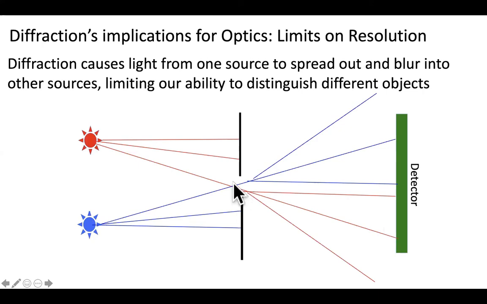The problem is, if we make that hole small, the light not only hits that part of the detector that this ray follows, it also spreads out. It hits multiple spots on the detector. And this blue source doesn't just produce light that hits here, it produces light that hits all over the surface.